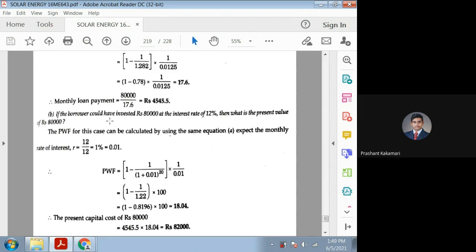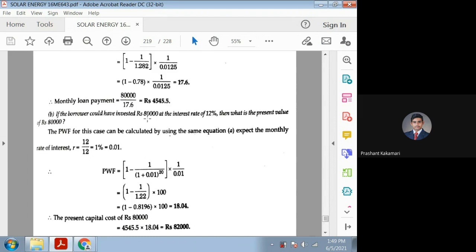If the borrower could have invested the same amount, rupees 80,000, at the interest rate of 12%. Now see, what the borrower is doing: say, for example, he has taken an 80,000 loan and pays that loan in equal installments.